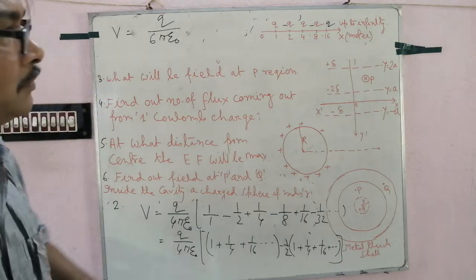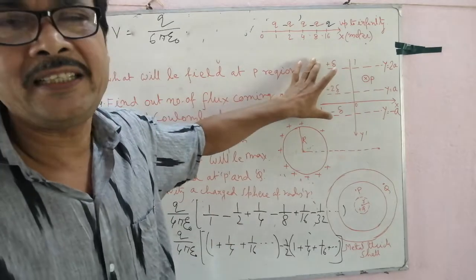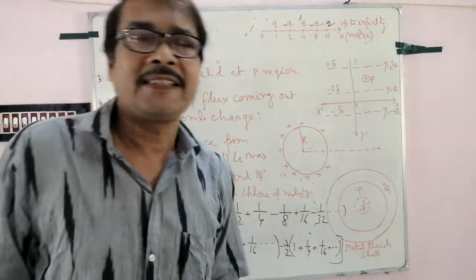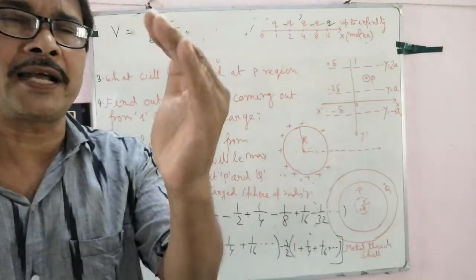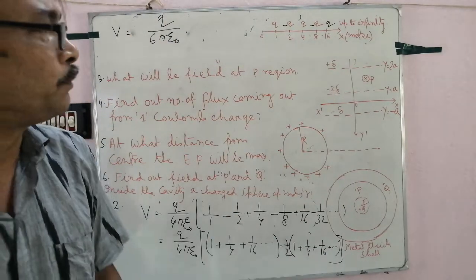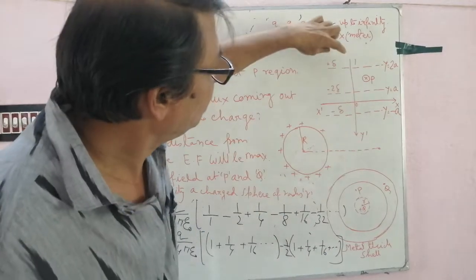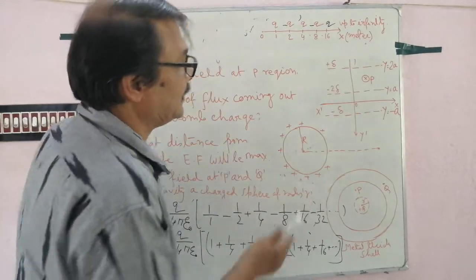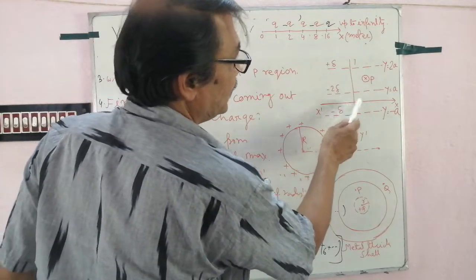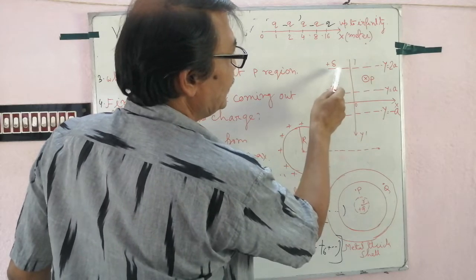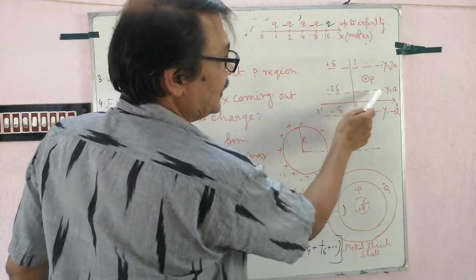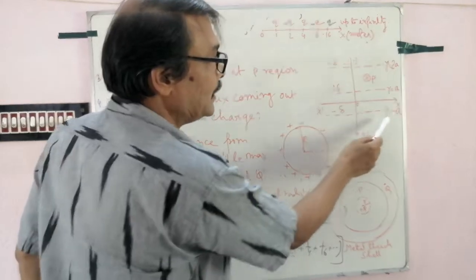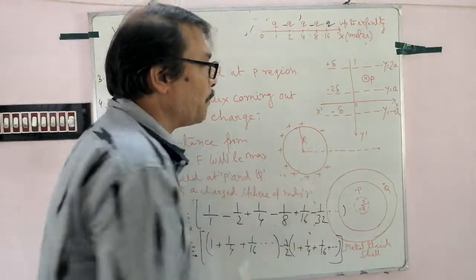Third question. This type of question I discussed in my second lecture, where I discussed Gauss's theorem and its applications. Here, this is the y-axis, this is the x-axis, this is the origin, this is a thin sheet, charge density plus sigma, this is a thin sheet, charge density minus 2 sigma, this is also a thin sheet, minus sigma.